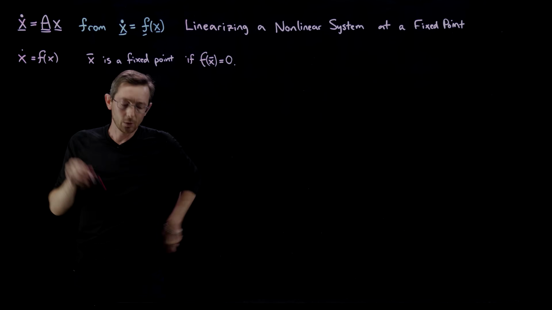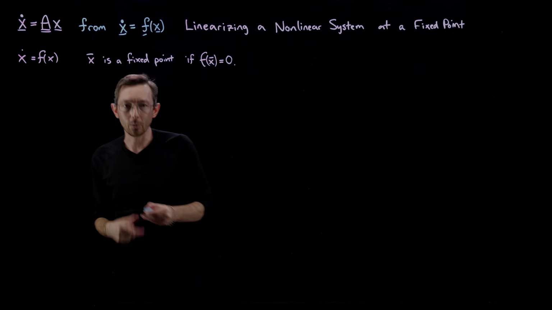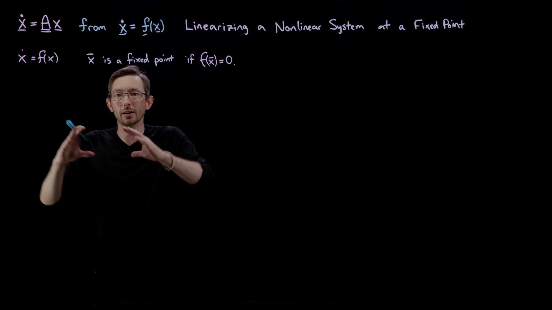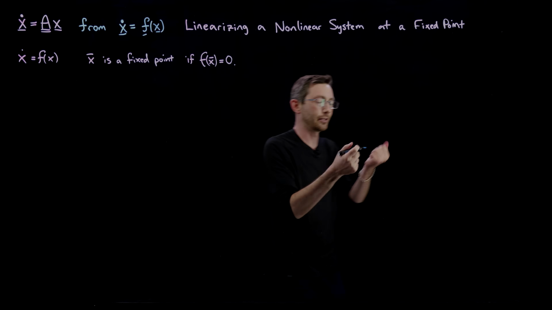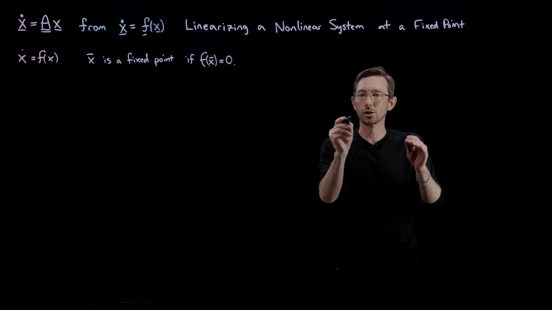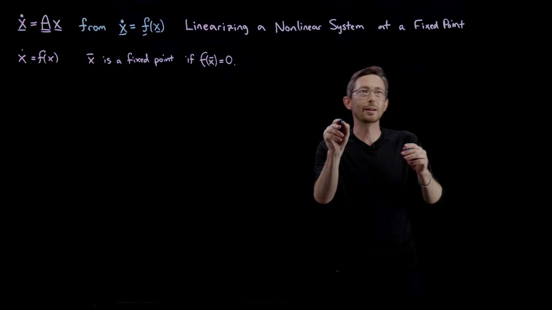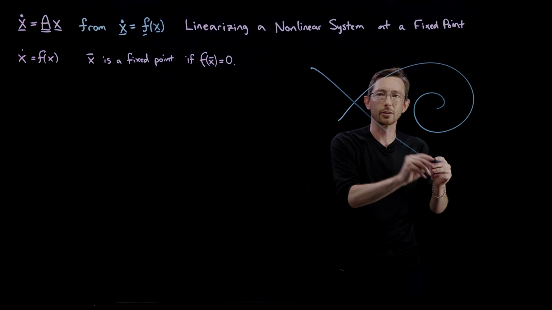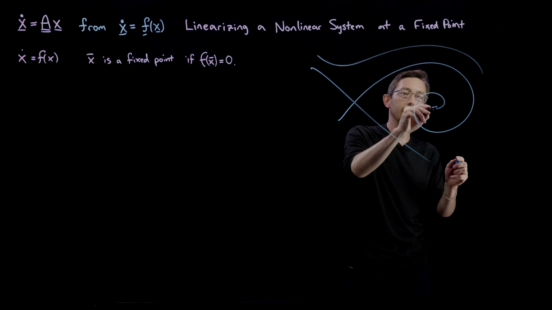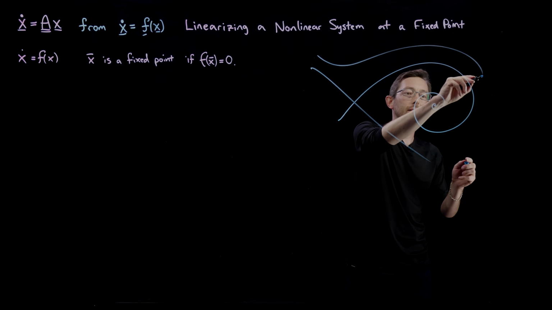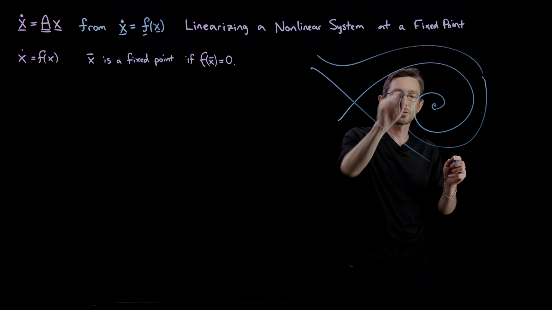Okay, and so what linearization does is that we zoom into a neighborhood near that fixed point. So I'll draw a little picture here. I'm actually going to show you this example later where in 2 dimensions, maybe I have some dynamics that look like this.